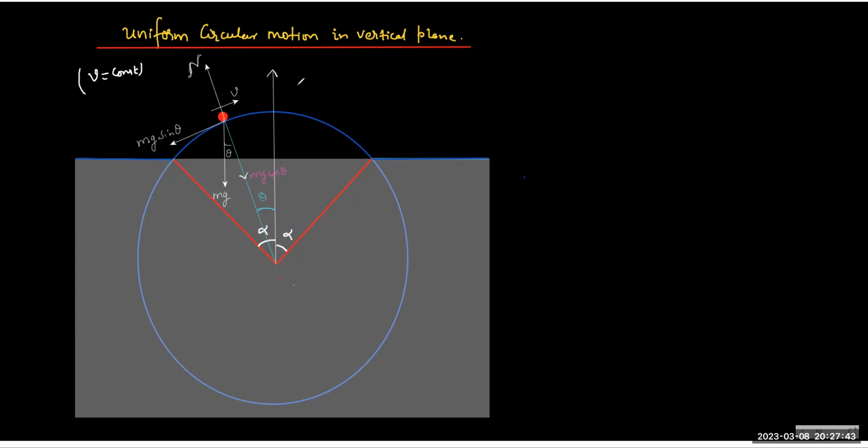But to move with constant velocity, the net tangential force should be 0, no? So who will make this force 0? It is only possible if we can bring some friction. In which direction?